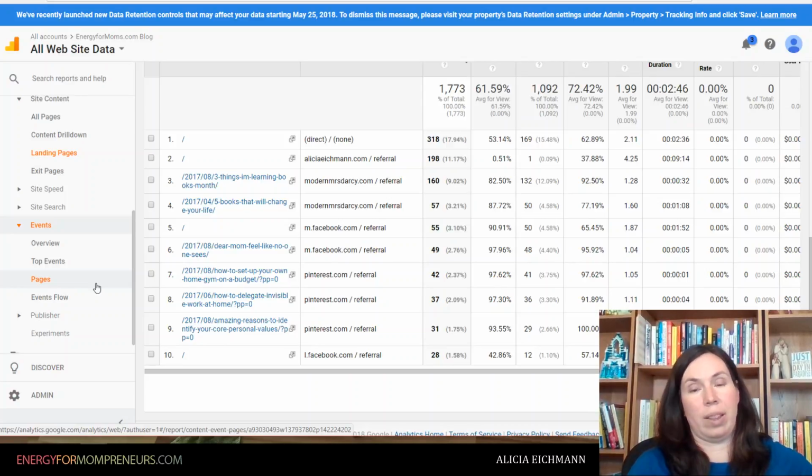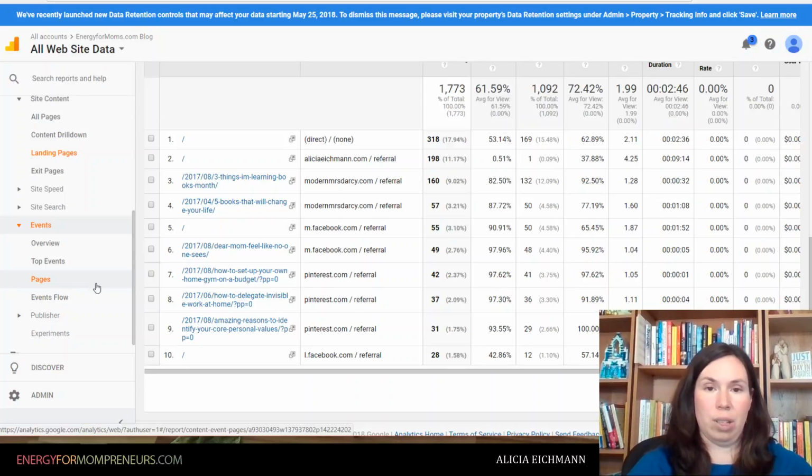So if they accomplish the action and then that page ends up being an exit page, that's okay. If they took the action and then they exited, then don't worry about your exit percentage.